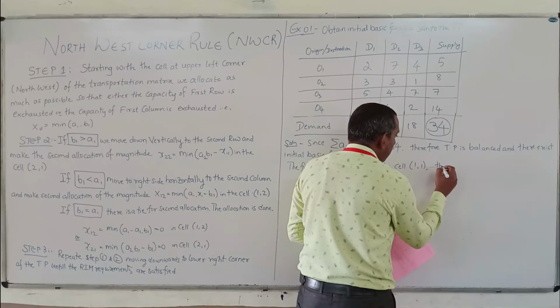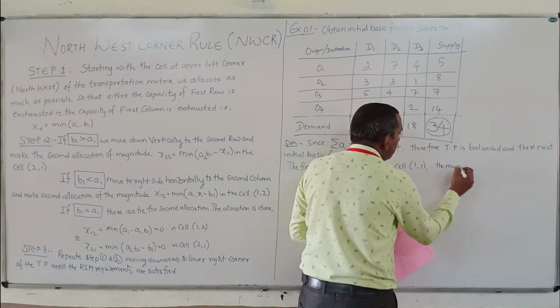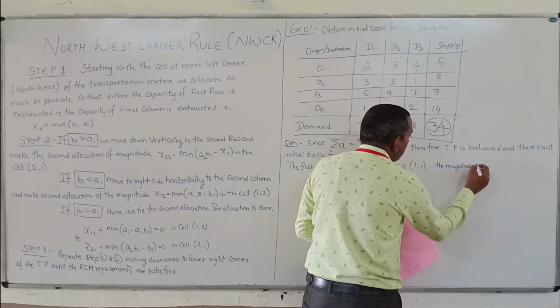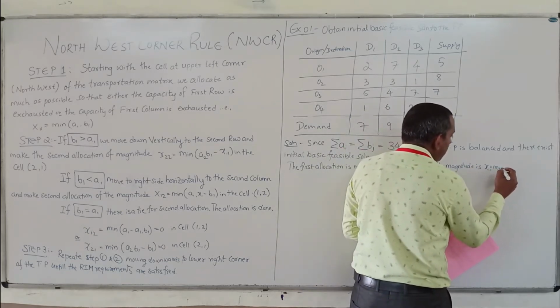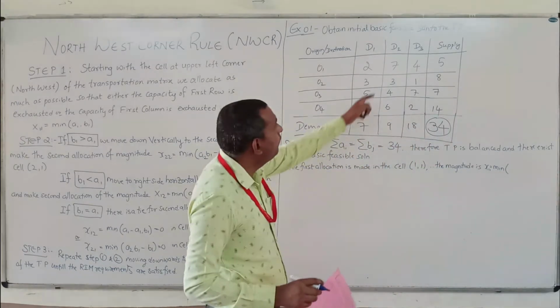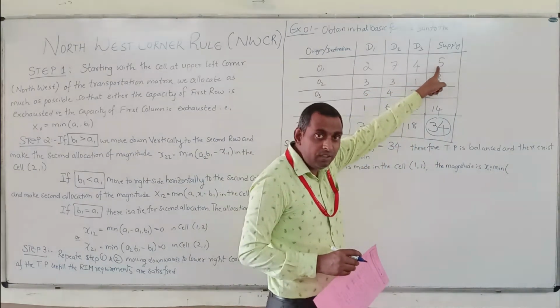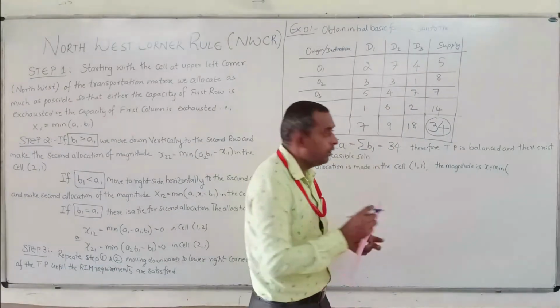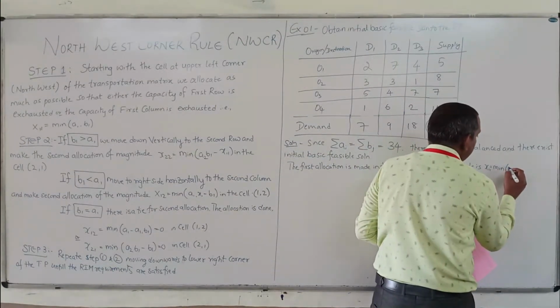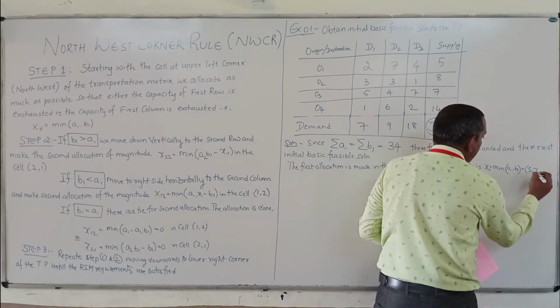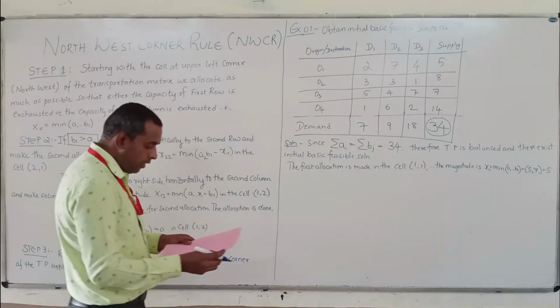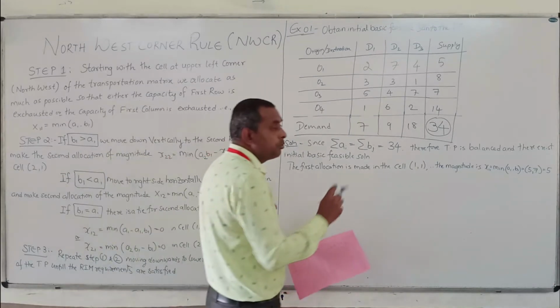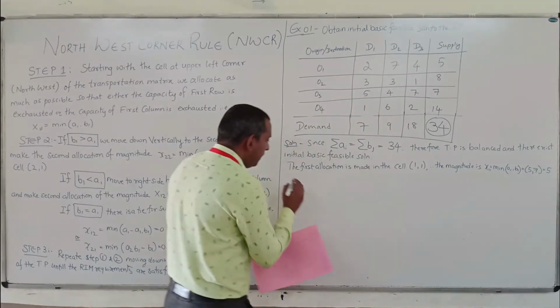Therefore, the magnitude x11 is equal to the minimum of A1 and B1, that is the minimum of 5 and 7, which is equal to 5. So this is where we are supposed to make the first allocation. Fine.